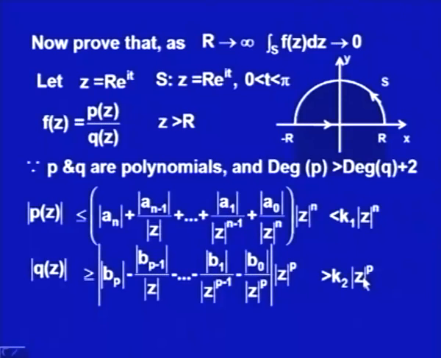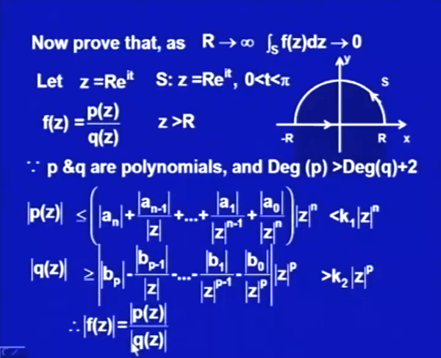Now, what have we got? When |z| is greater than r, my numerator p(z) is bounded above by k1 times |z|^n, and the denominator is bounded below by k2 times |z|^p.